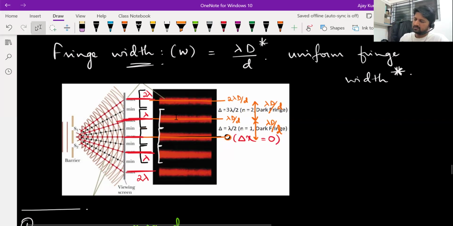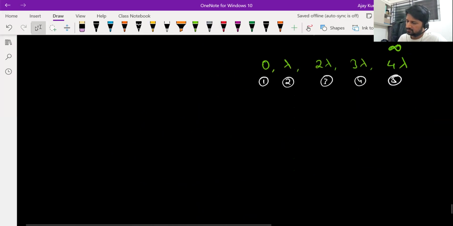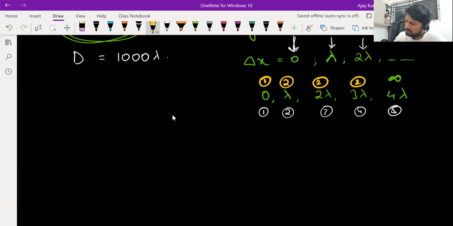So you will see 0 path difference at one point, lambda at 2 points, 2 lambda at 2 points, and so on. So 0 will be only 1, but you'll have 2 of each of the others. Totally how many bands will form? 4 twos is 8 plus 1, 9 maxima will form.